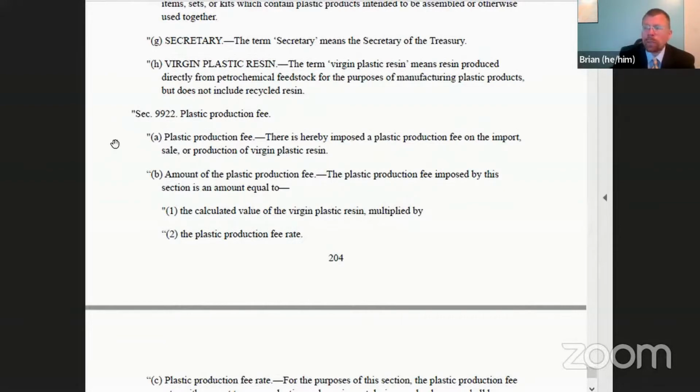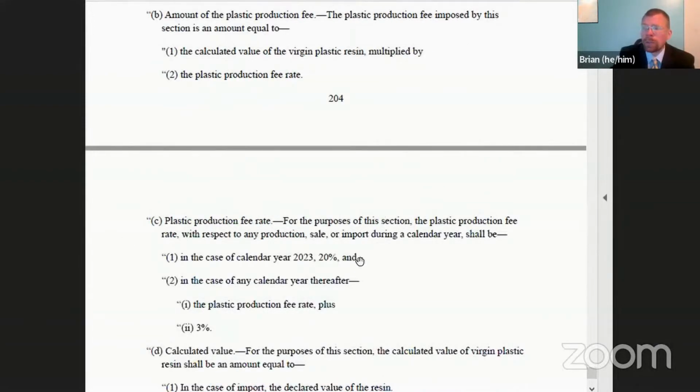Section 9922 is the plastic production fee. It starts at essentially a 20% sales tax on sale of virgin plastic resin, and that would increase by 3% per year.